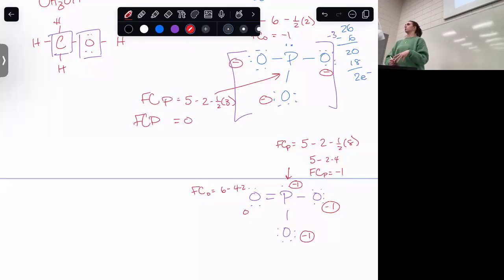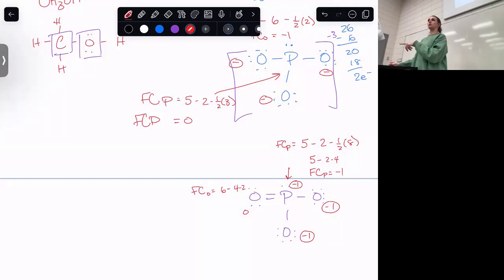Why is this not the best structure? If something's gonna be negative, does that mean that it has more or less electrons? It has more electrons. So when we're looking at formal charge and where to place that negative value, we want to know, which one's more electronegative?